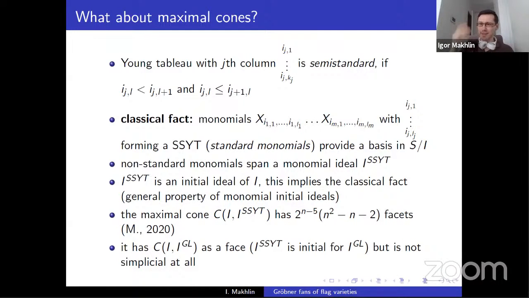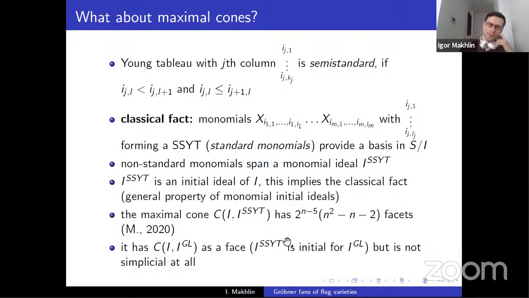And so one thing you can do now is look at this cone, find various faces, and try to say what the corresponding Gröbner degeneration of the flag variety will look like. And we actually did this to some extent.